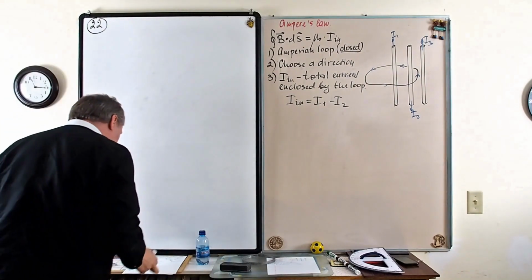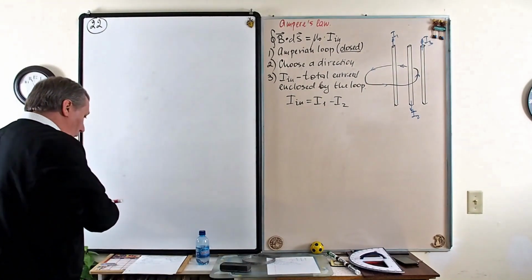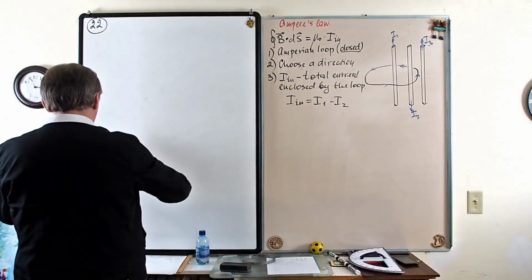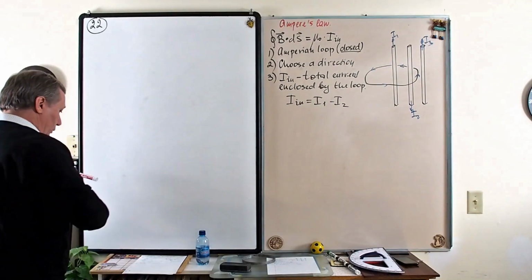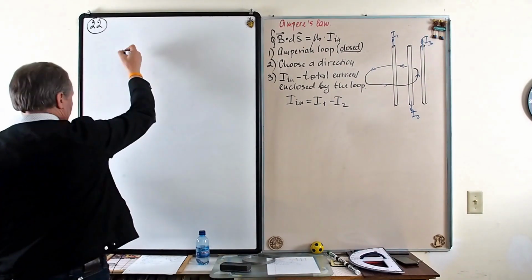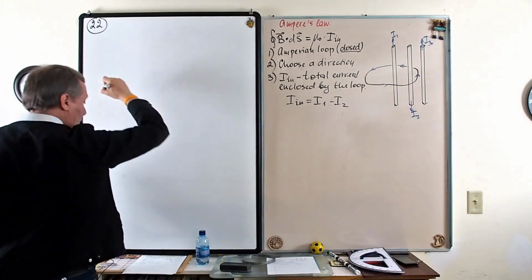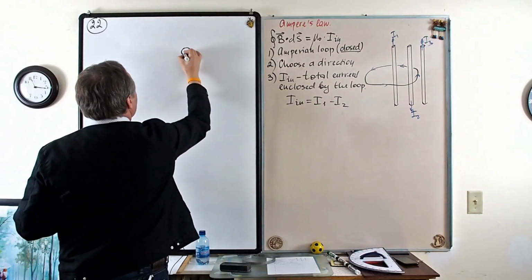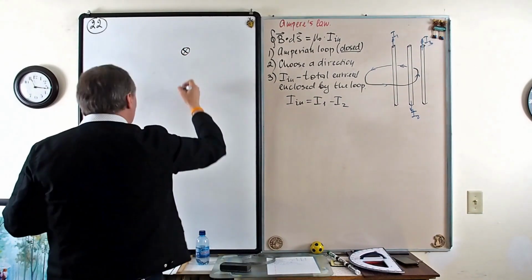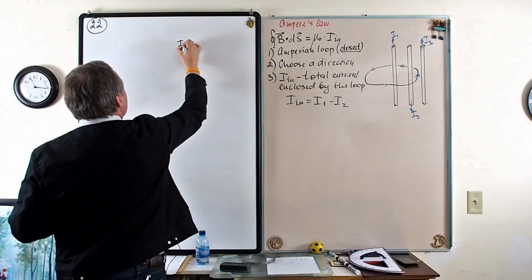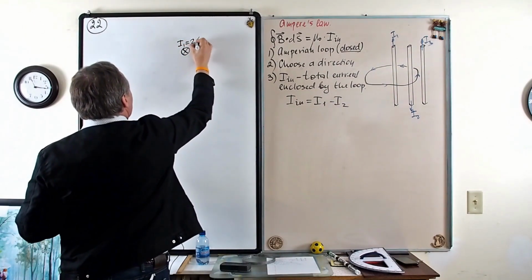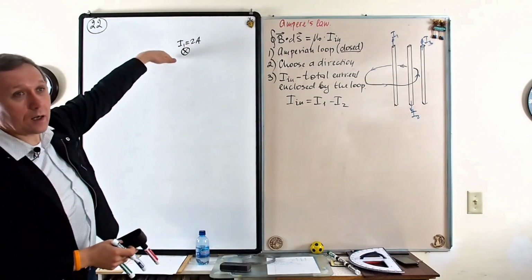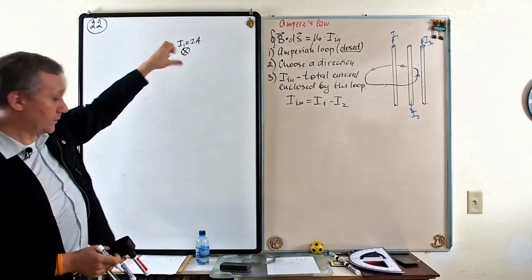So what is given? We have three currents, right? And I'm going to draw a two-dimensional picture. I don't remember the numbers, so let's say this one current is this way. The value of I1 is 2 amps, and you see a cross. It means this current flows into the board.